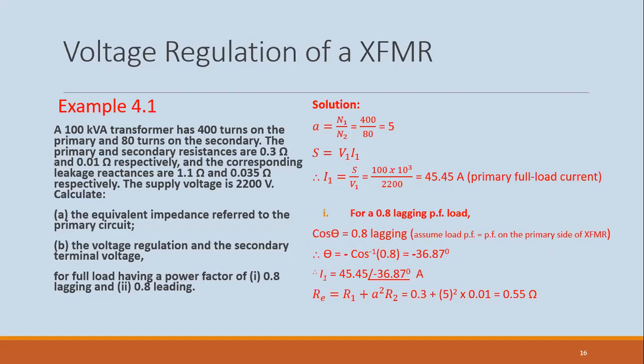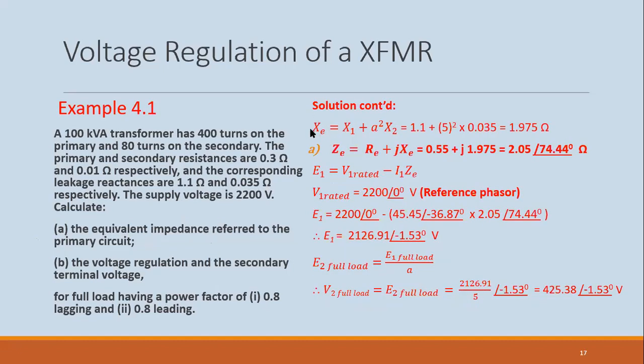What we need to do now is work out what ZE is, the equivalent impedance. We start with the equivalent resistance, which is R1 plus A squared R2. R1 was 0.3, R2 was 0.01, A was 5, so A squared is 25. So RE is 0.55 ohm. This is just more practice for what you did a while ago.